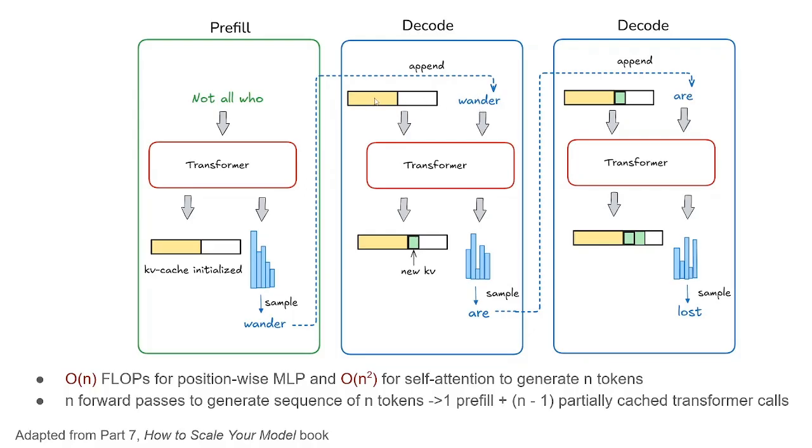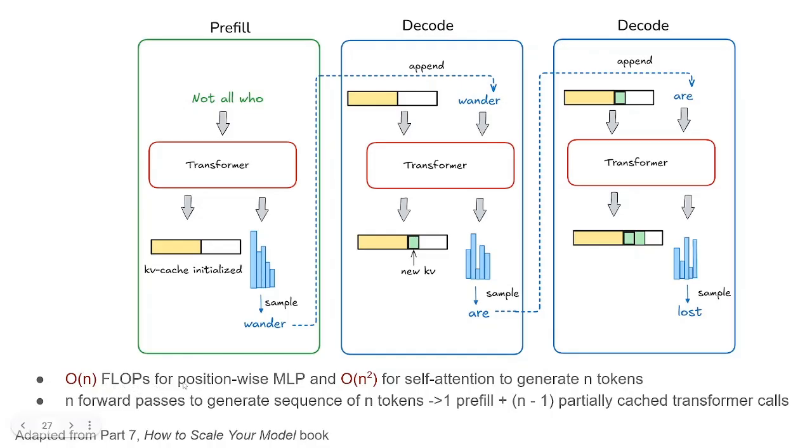And in the next stage, all the transformer needs is the last generated token and the current KV cache, and it can generate the next token and also augment the KV cache by adding in the keys and the values for the previously generated token, which were computed in this stage, and so on.